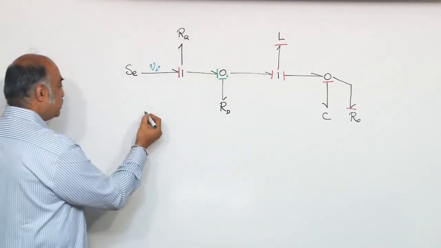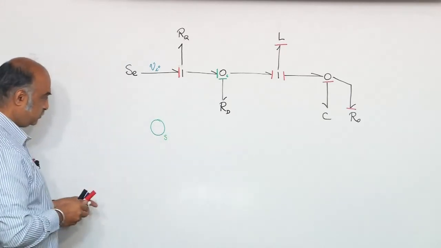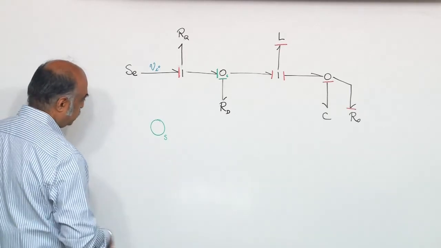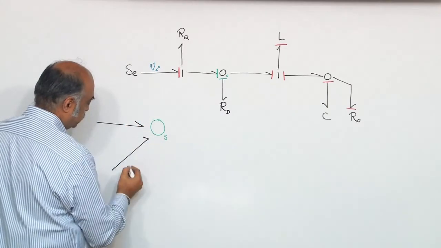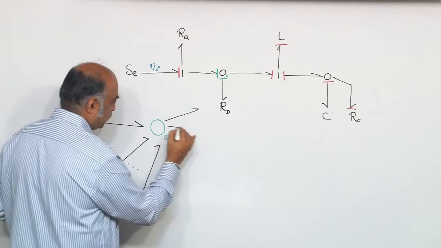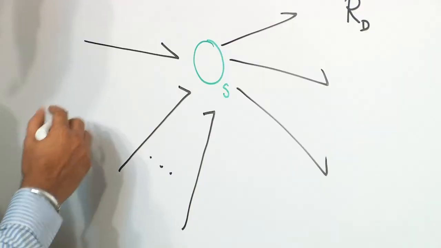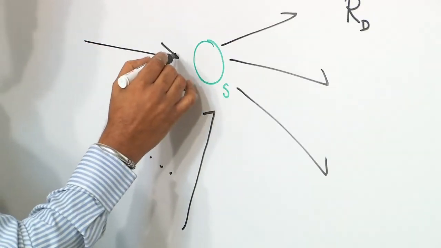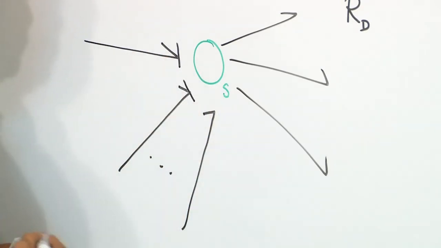So, in the case of the switched 0 junction, if I write it like that, I will put it this way.